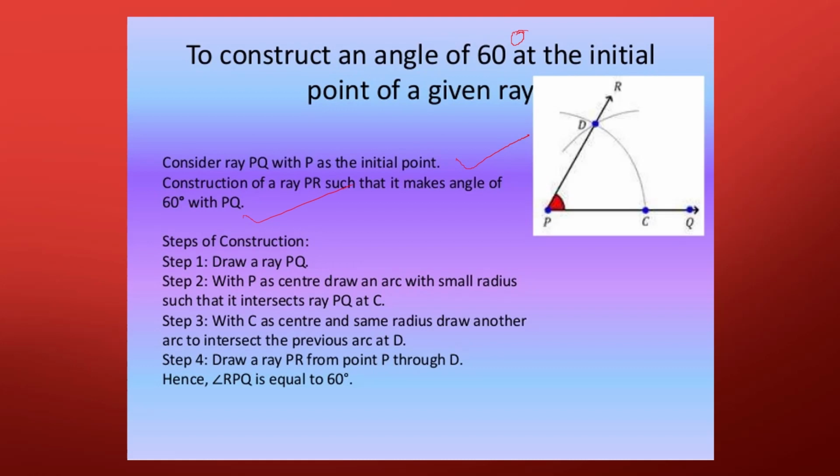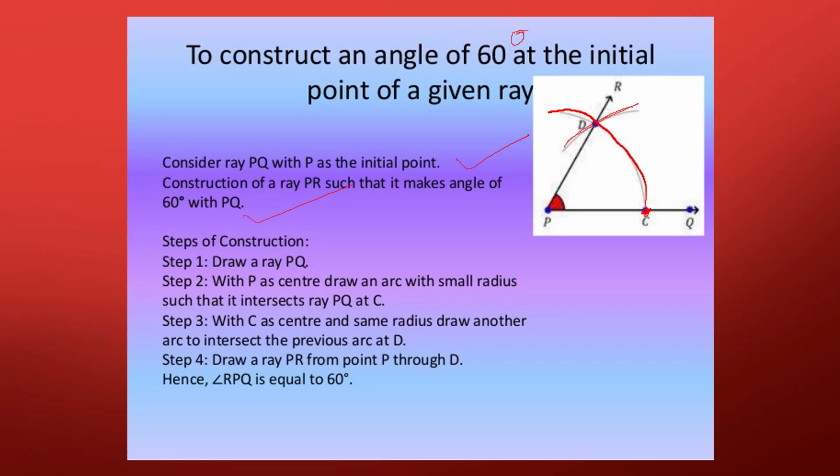First of all, you take a convenient radius and take P as a center, and draw this arc. Here again it will be cut here. From that point you put the needle of the compasses and then cut it. It is 60 degrees.